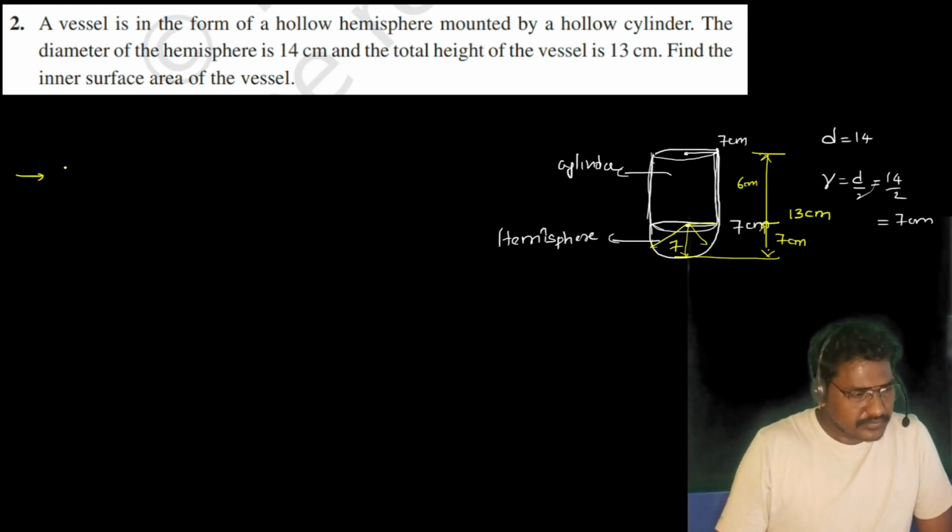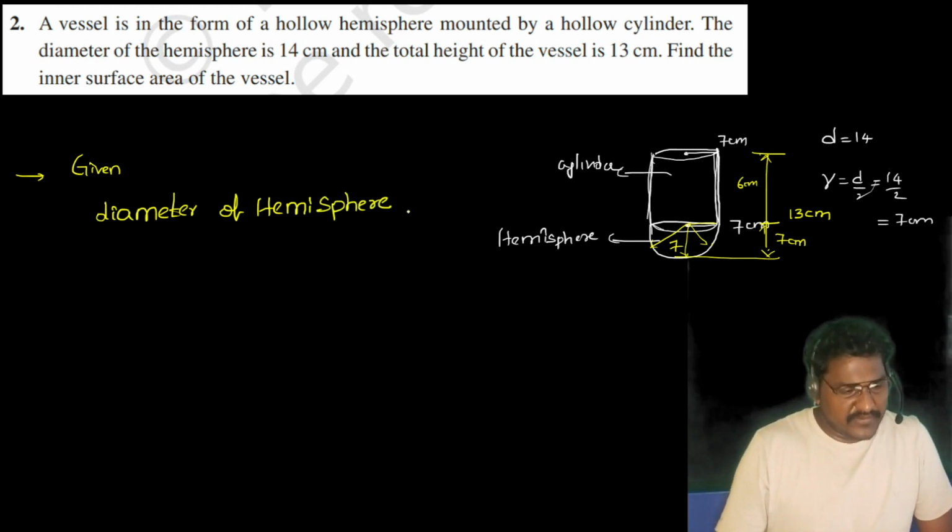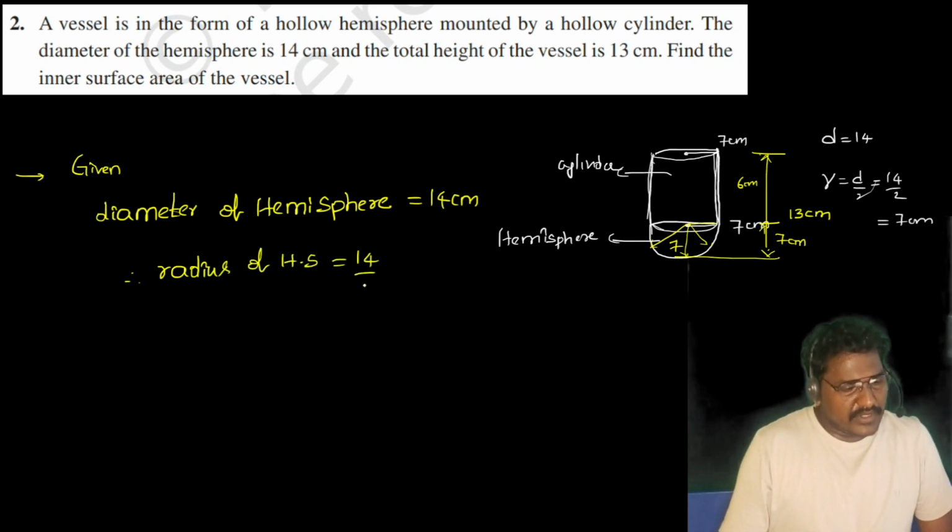That you can write here. Given diameter of hemisphere is equal to 14 centimeter, then radius of hemisphere is equal to 14 by 2, that is equal to 7 centimeter.